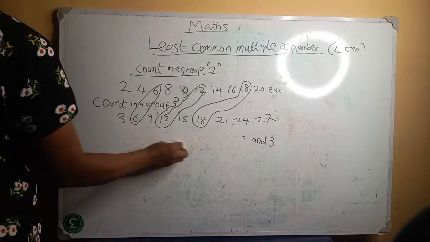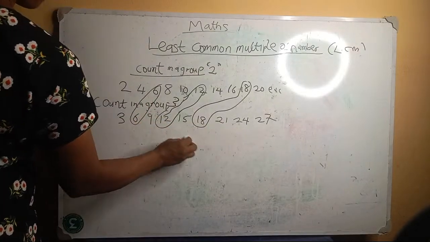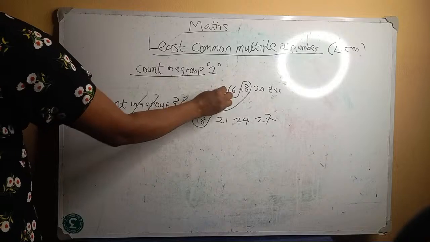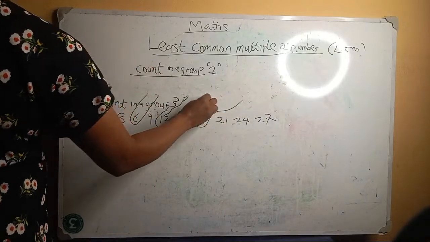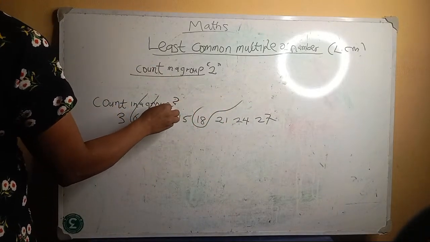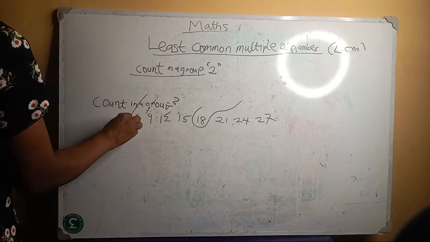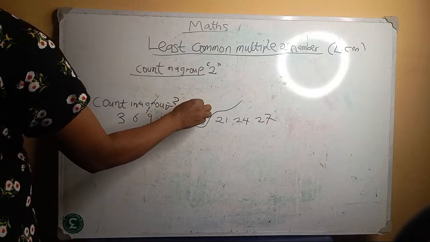Sorry, let me clean up. We're talking about the common multiple of 3 and 4.